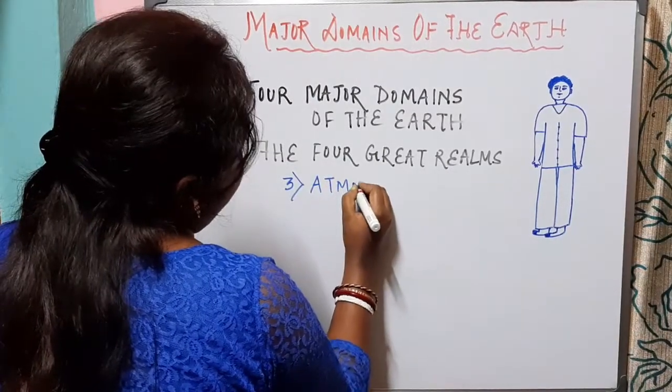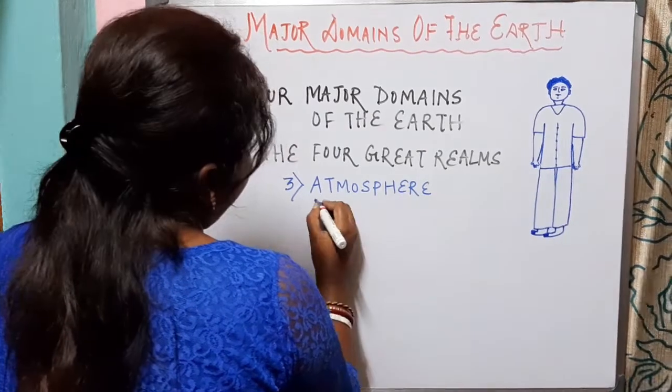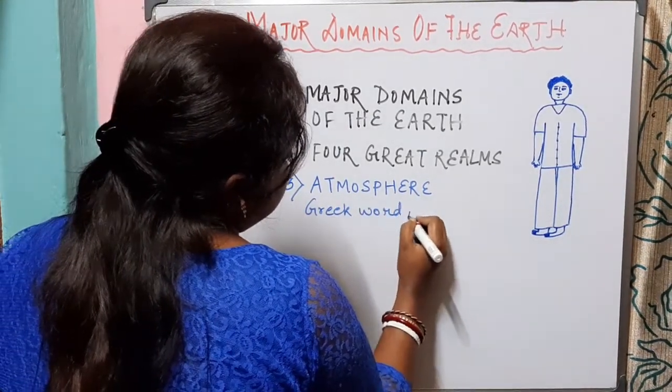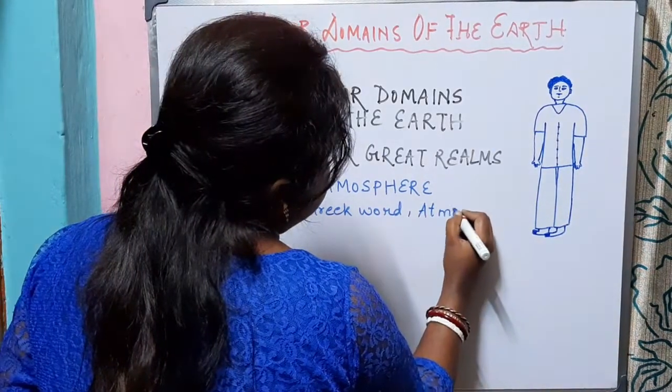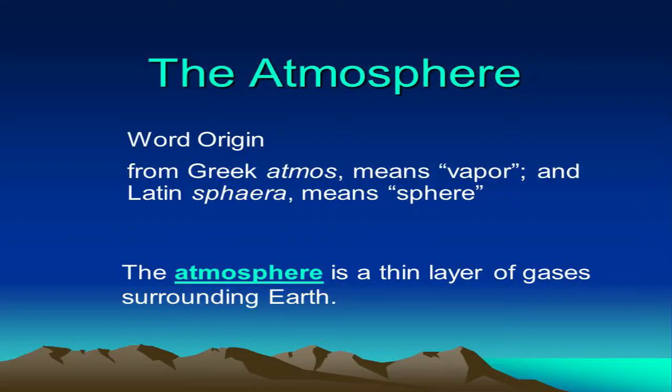Now let us know about the other two domains. The third domain is the atmosphere, which is again derived from the Greek word atmos, which means vapor.